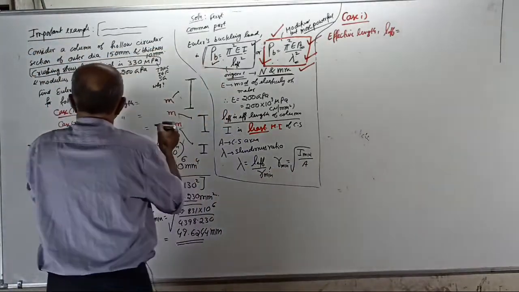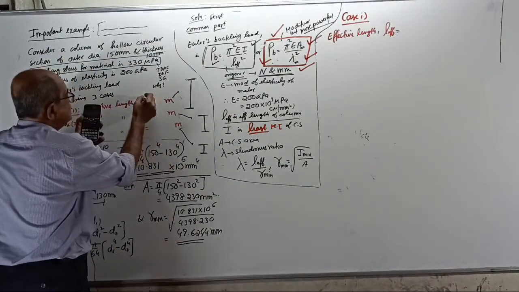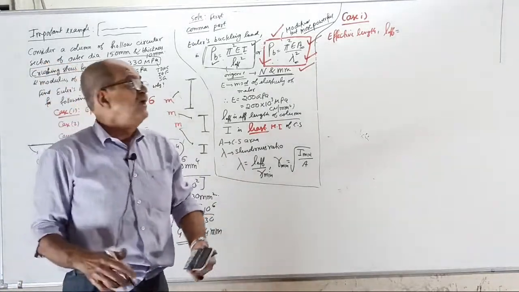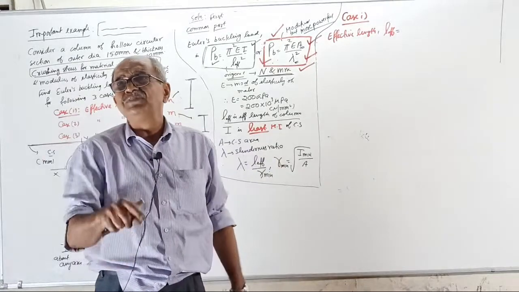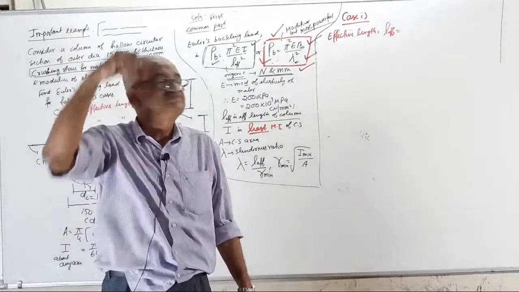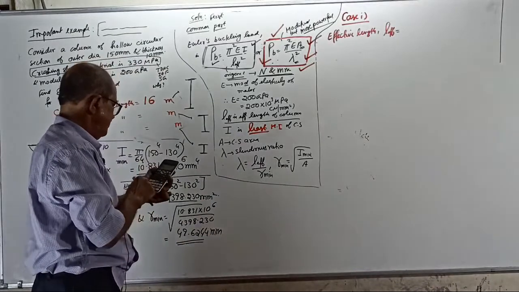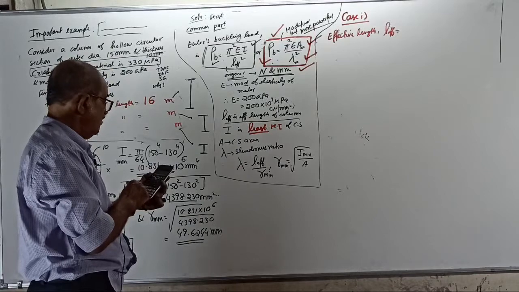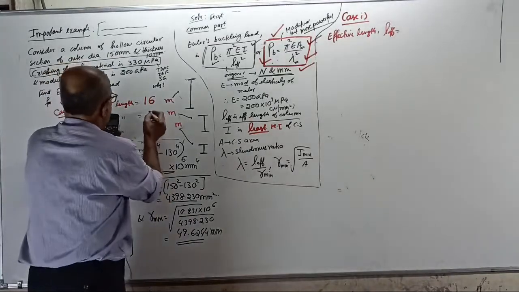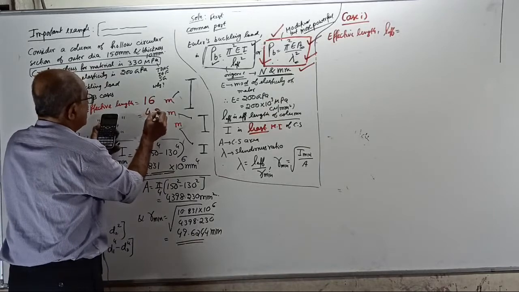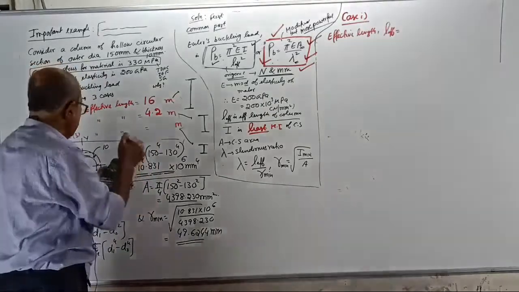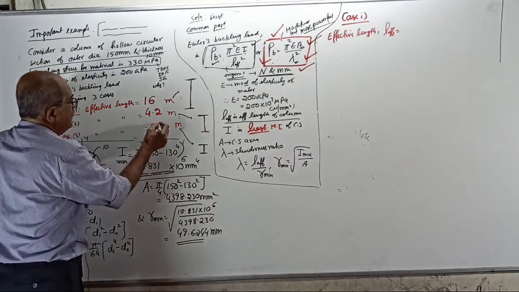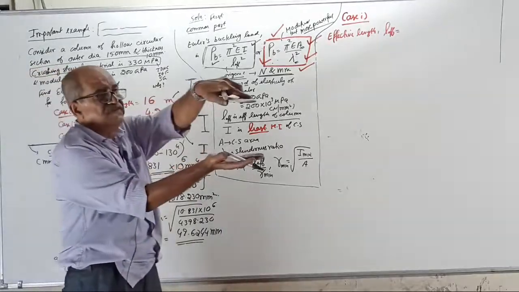See, case 1 effective length is very huge, 16 meter, like a pole, electric or some pipe pole. Case 2 is 4.2 meter. Case 3 is a small pipe of effective length equal to only 0.4 meter. That's all, this much.